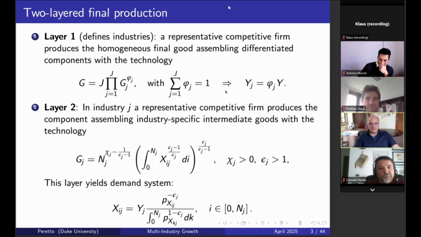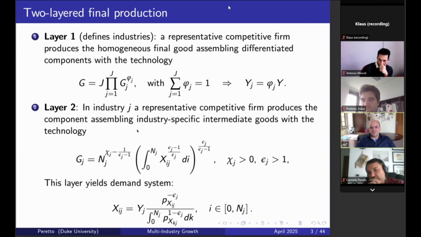This is very standard. Now, this outer layer must be Cobb-Douglas for the purpose of this exercise, because I want to have industries that can grow at different rates without an industry taking over the entire economy. Okay, and again, this structure is familiar and very common in international economics, all sorts of other fields where people study problems of this class.